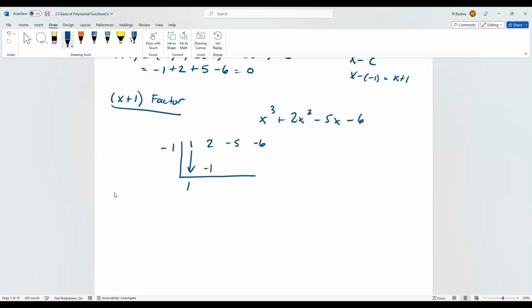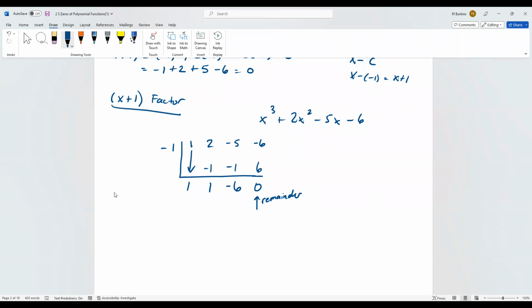And then we add down the column. So 2 minus 1 is 1. Multiply -1 by 1. We get -1. Add down the column, we get -6. -1 times -6 is +6. -6 plus 6 is 0. That's our remainder, right? If this was not a factor, our remainder would not be 0.